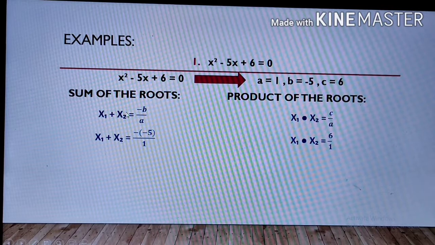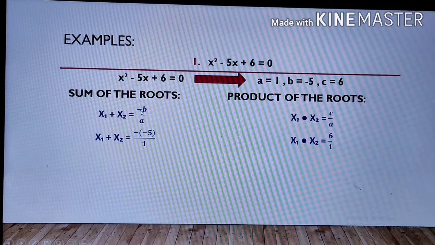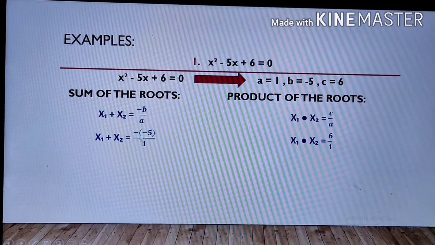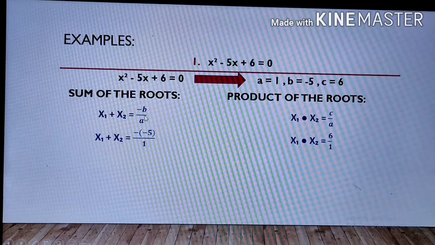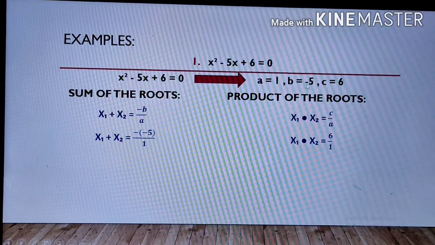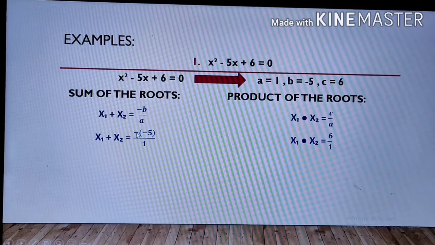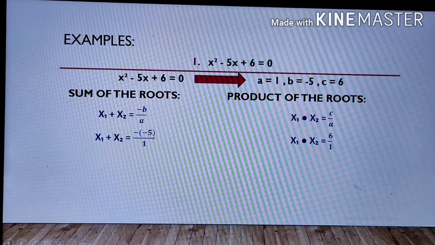Unahin natin ang sum of the roots. So, copy lang, x sub 1 plus x sub 2 is equal to, since meron na siyang negative sa formula, copy lang negative. Then, ang value ng b ay negative 5, di ba? So, negative times negative 5.